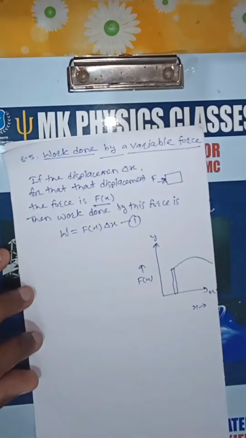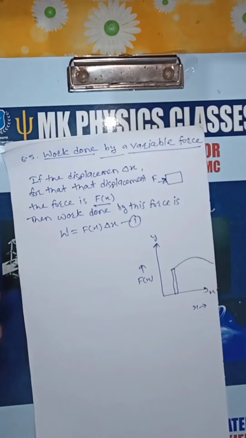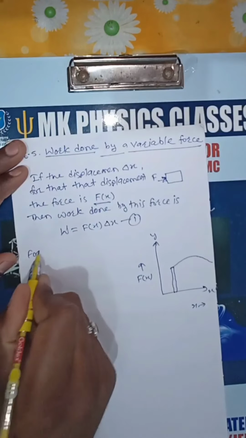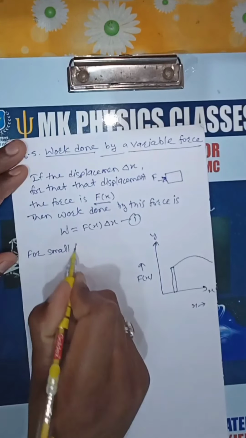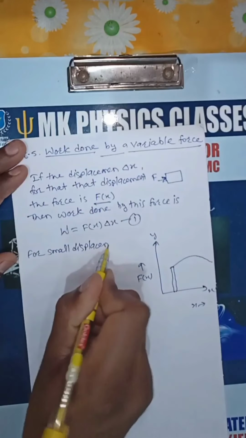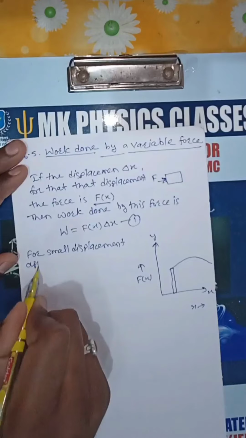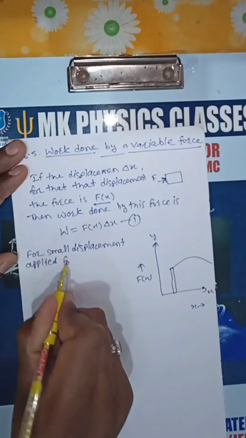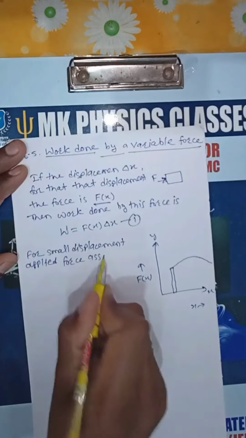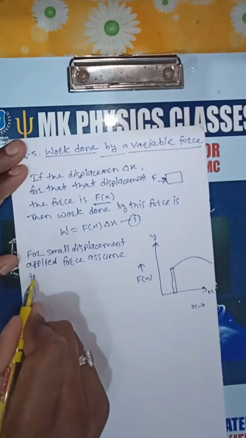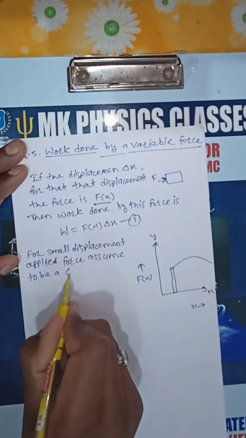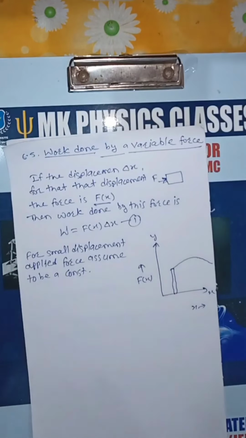When you apply a small displacement, the applied force remains constant. For a small displacement, the applied force is assumed to be constant, means it looks like a constant.